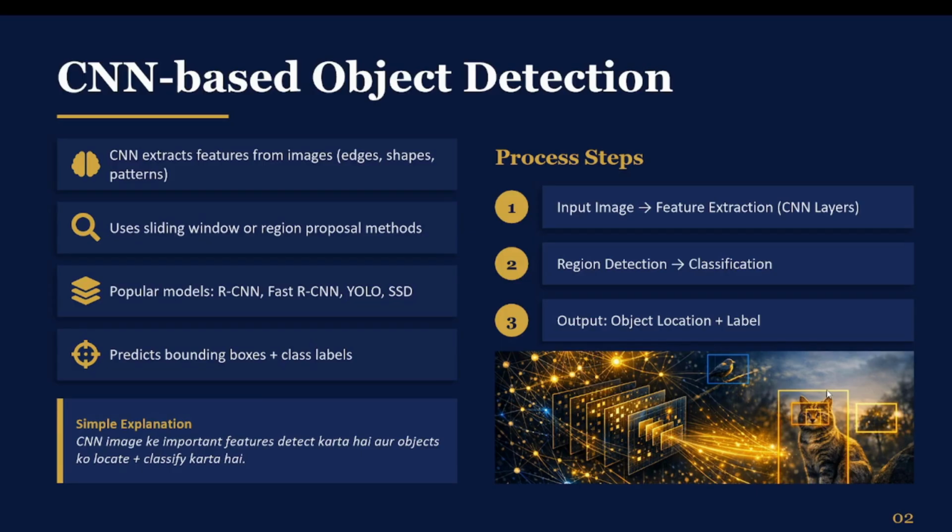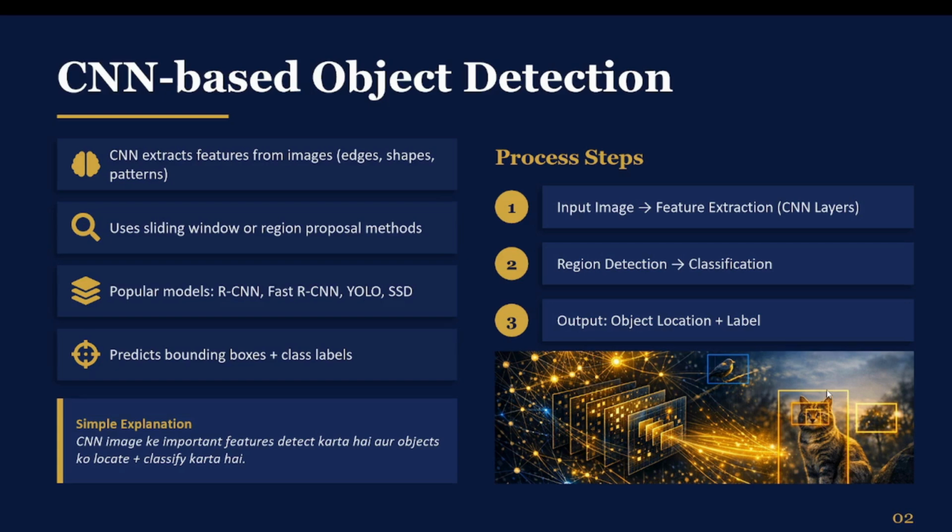Several popular deep learning models have been built on the CNN based object detection framework. RCNN, region based convolutional neural network, was one of the first, followed by Fast RCNN, which made the process significantly faster by sharing convolutional computations.